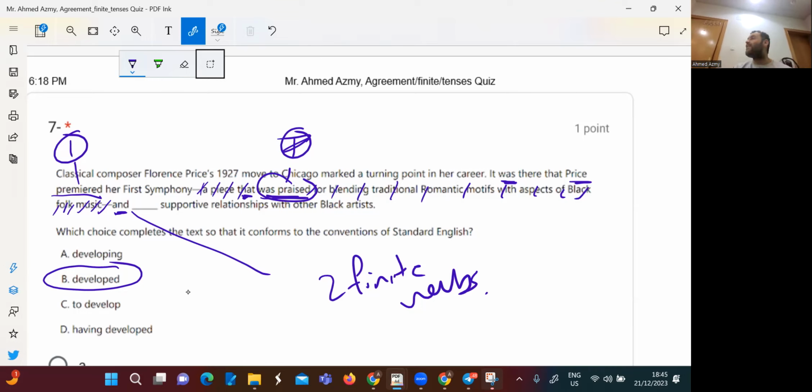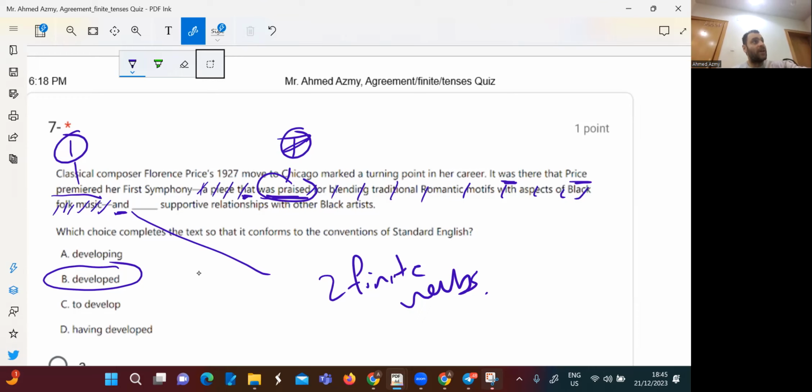If I had develops and developed, present and past, we would check the tenses. But here we are dealing with finite and non-finite. There are no tenses here. I don't have present, past and future. This is finite and non-finite.